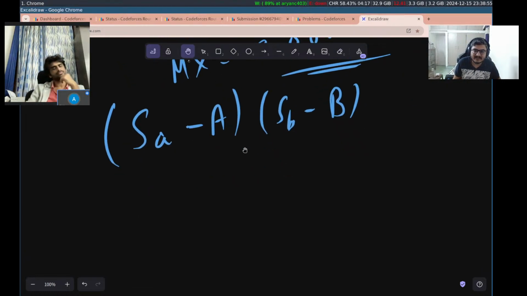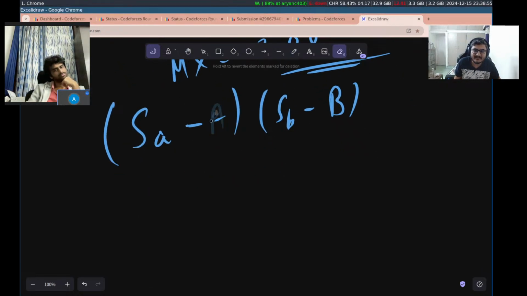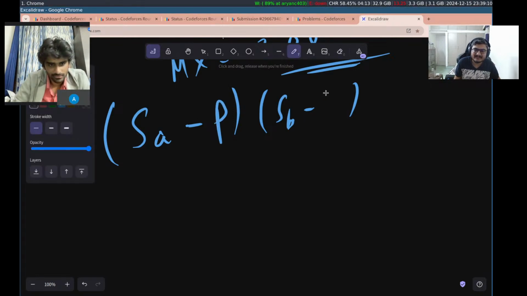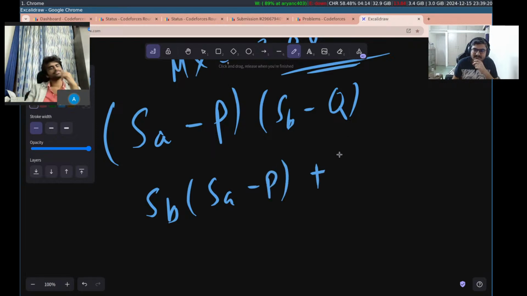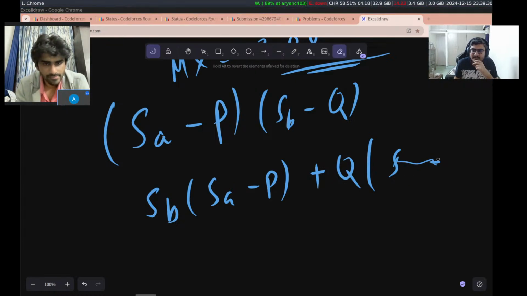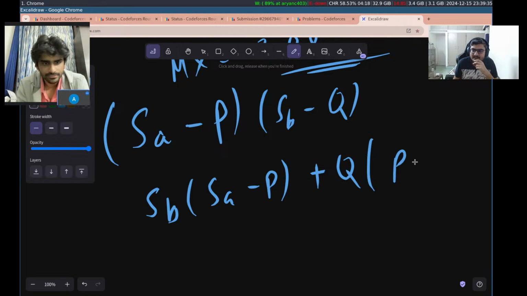So let's say we call the element deleted from A as P and the element deleted from B as Q. Now my idea was to first expand this term, which gives me XB into XA minus P plus Q into XB, and I think this is P minus SA.